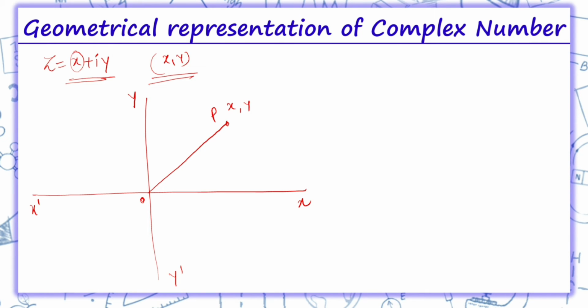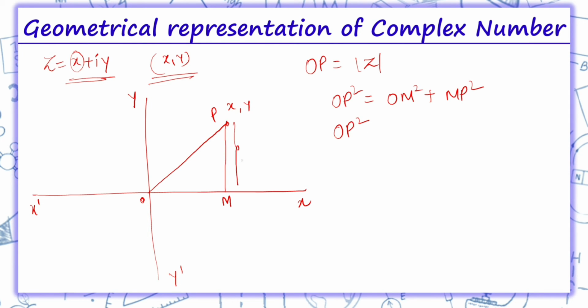So the length of the line segment OP we can calculate by applying Pythagoras theorem. We'll draw perpendicular over here, this is M point. So the length line segment OP is called basically modulus of z. So OP square is equals to OM square plus MP square. Thus OP can be written as, this is the length y and this is x.